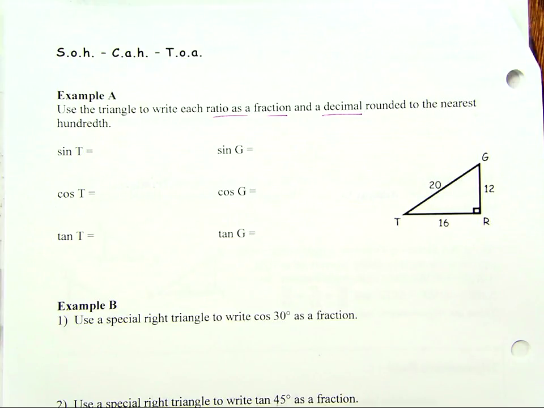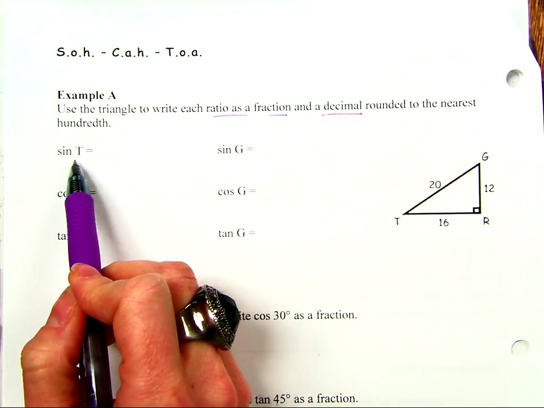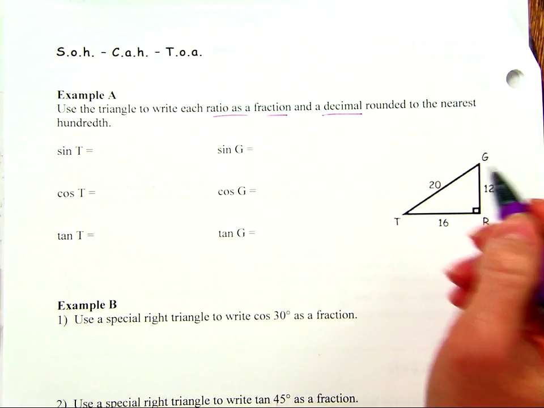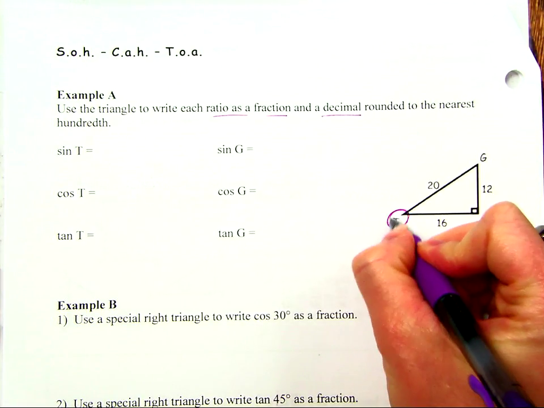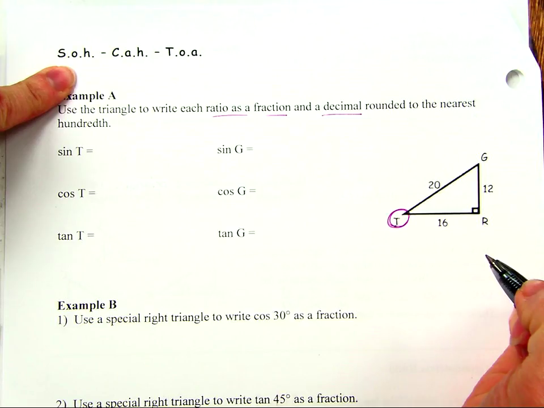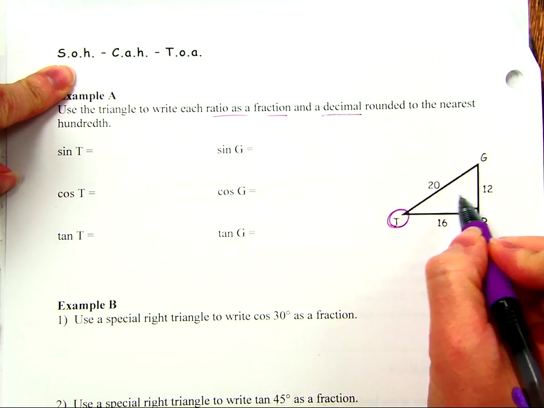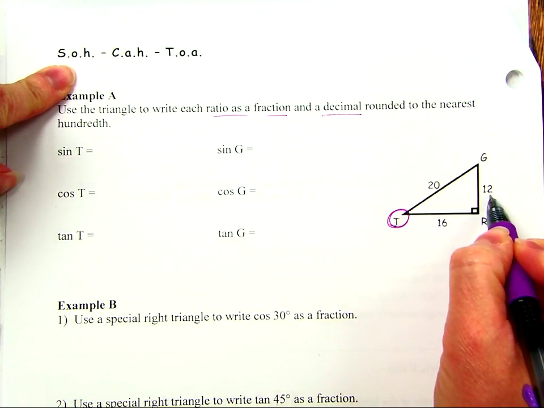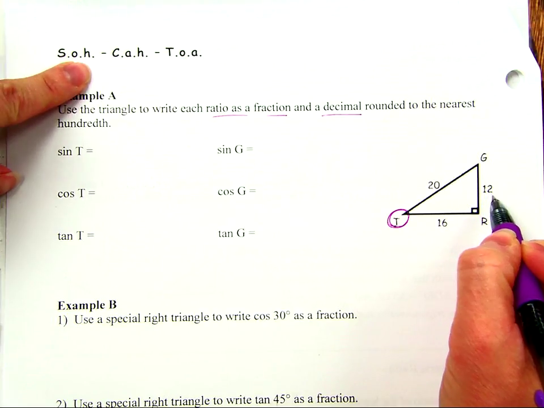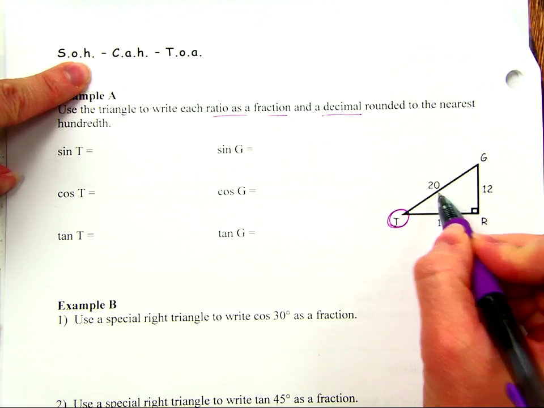In the first example, we're looking for the sine of angle T. It's important to know which angle you're working off of. For angle T, my sine ratio tells me opposite over hypotenuse.